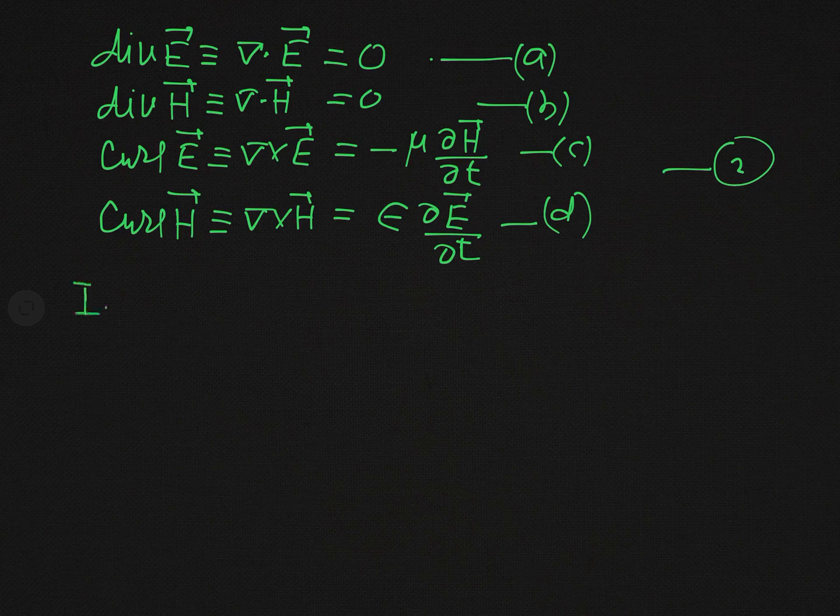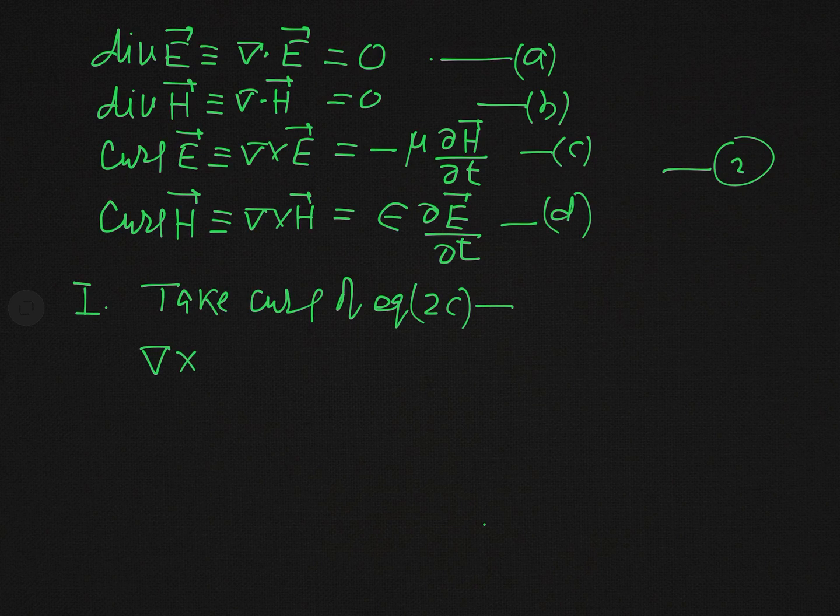So let us take curl of equation 2C. When you say we are taking curl of an equation, it means we will operate the operator del cross on that equation.